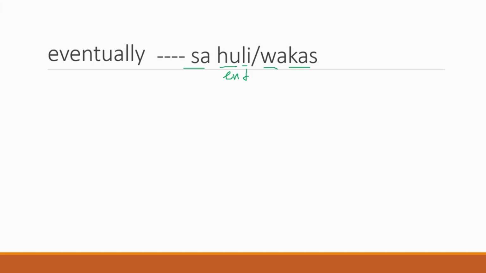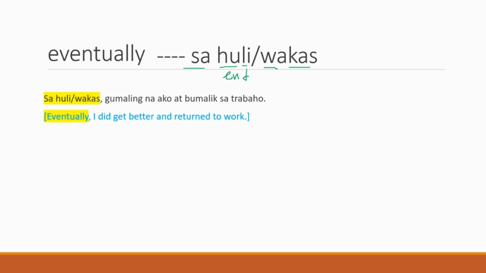Wakas means end as well. So, when we add the word sa huli, it will become eventually. So, we have here an example. Sa huli, sa wakas, gumaling na ako at bumalik sa trabaho. Eventually, I did get better and returned to work.